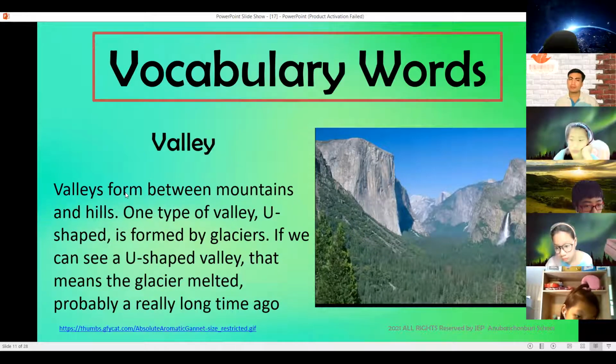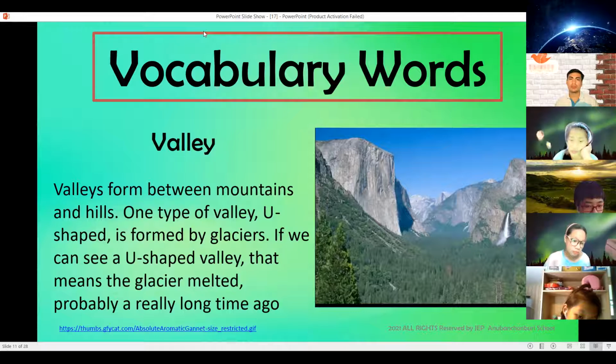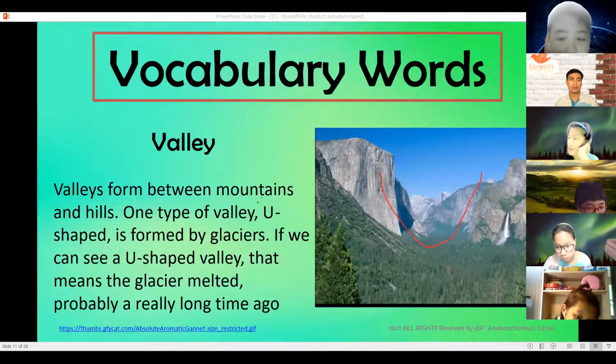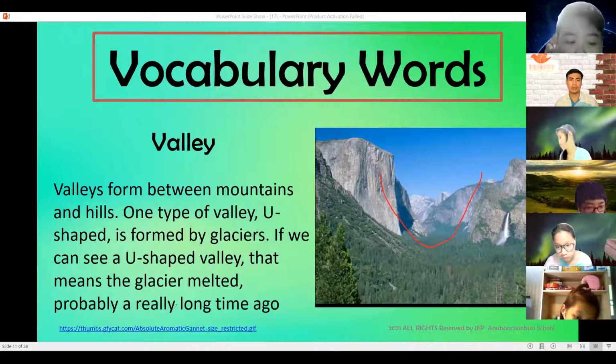Valleys form between mountains and hills. One type of valley, U-shape, is formed by glaciers. If we can see a U-shaped valley, that means the glacier melted probably a really long time ago.